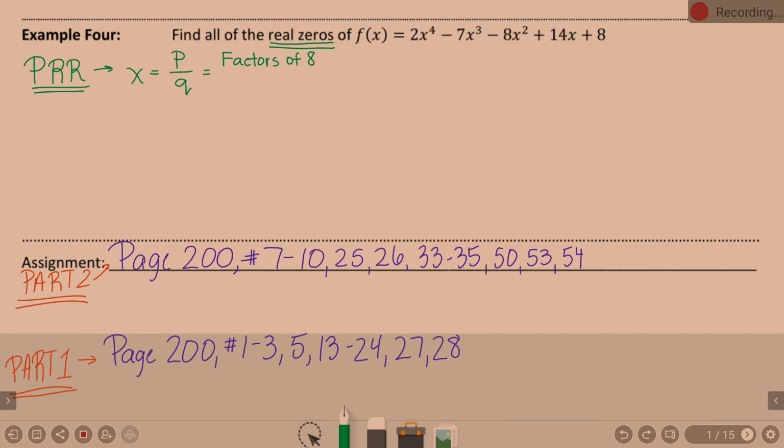Because it's the constant, the integer factor of the constant. So we're doing factors of the constant, factors of 8 over Q. What is Q? 2. And why 2? The leading coefficient. Okay, so the leading coefficient is 2.